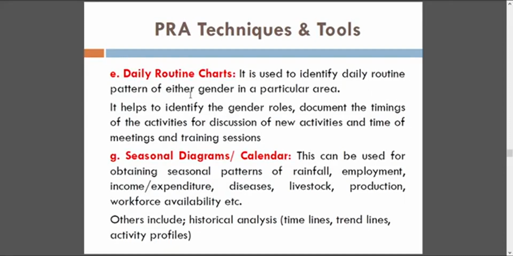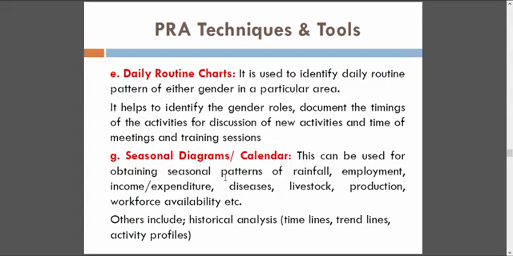So we want to see what the men do on a daily basis, what the women do on a daily basis, so that as we support these community members to make decisions, they do not affect the day-to-day activities that they implement. And then the timing would also be influenced by these daily charts.